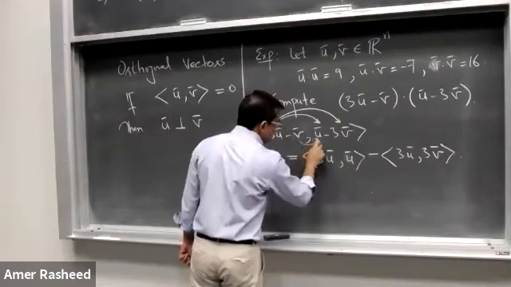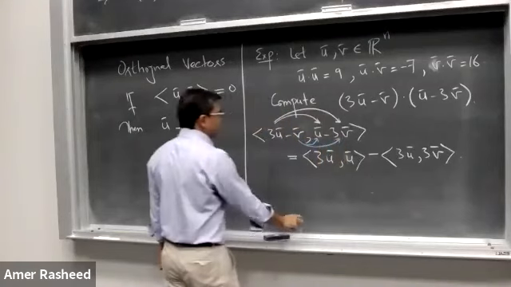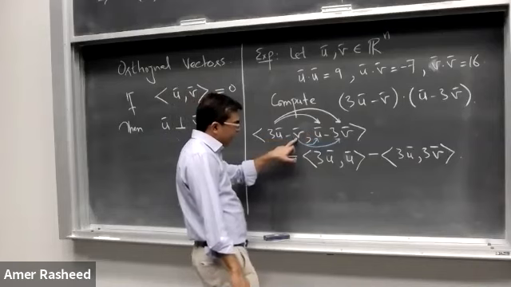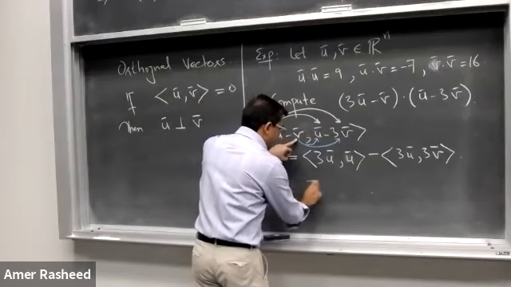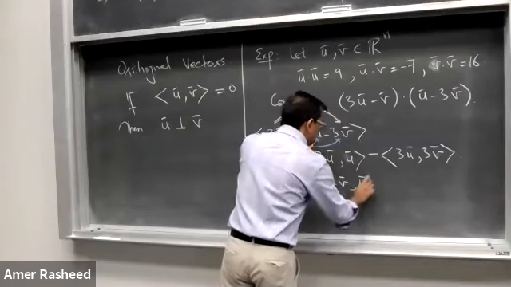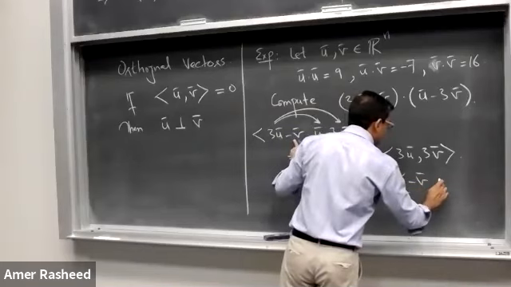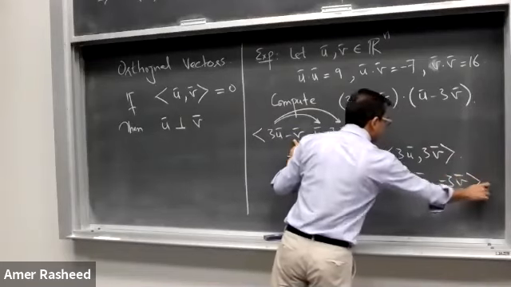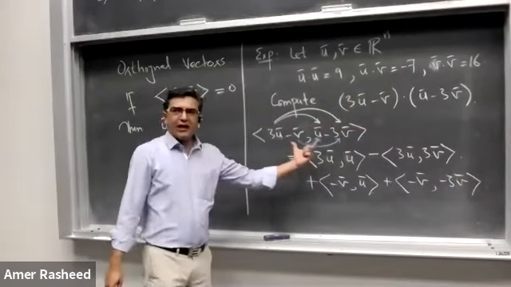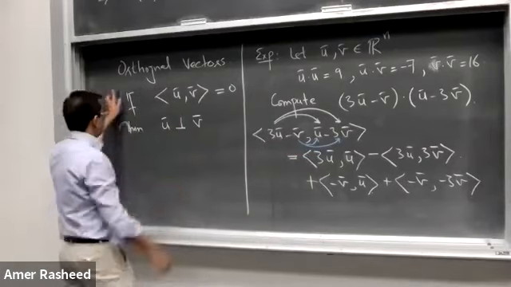First, we take the inner product of v with u, and then of v with 3v. Take care of these signs. Now we have a negative sign with v, so you can write plus negative v, u, plus negative v comma negative 3v. So this is how we can expand this inner product I told you in the previous lecture. You can see that property in order to understand this.